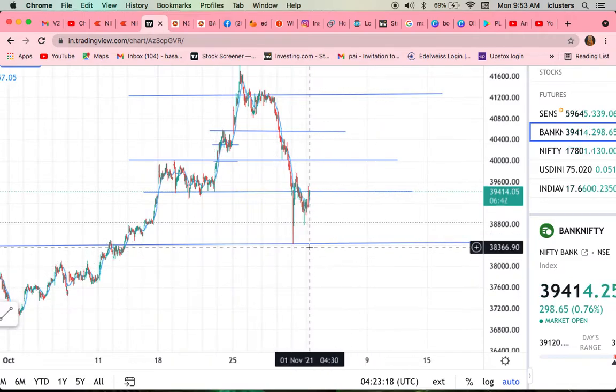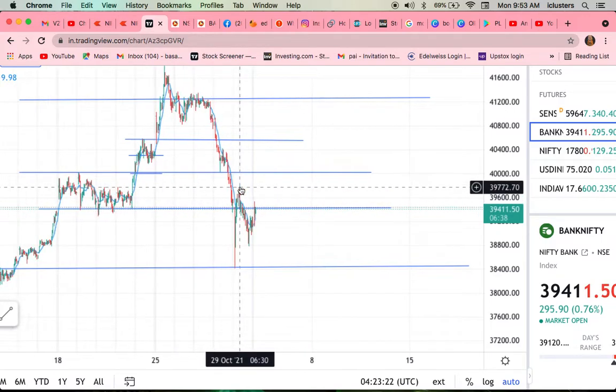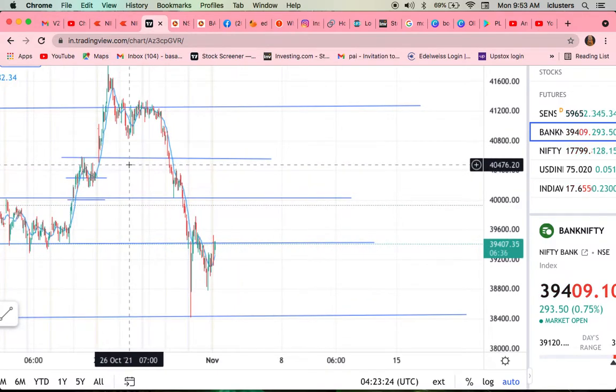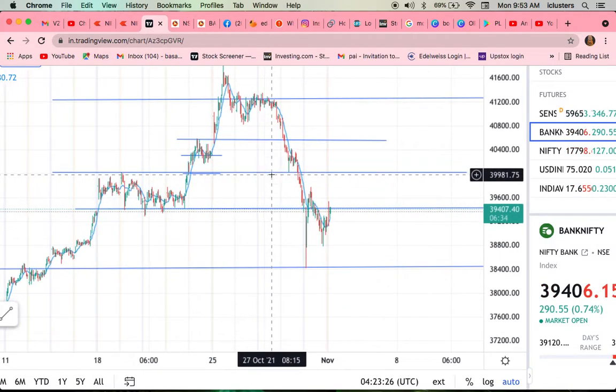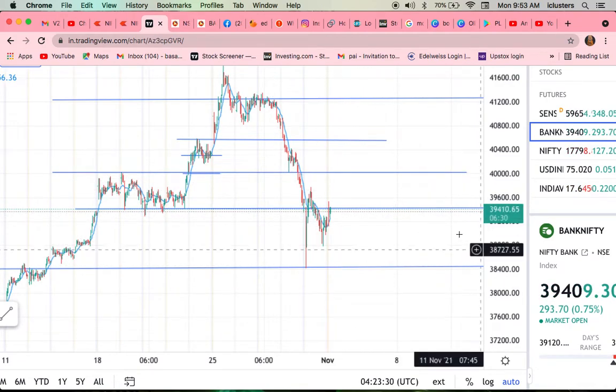After that, this is the support area I have discussed. The price is now exactly there, and you can observe it moving, I am showing you in the live market.